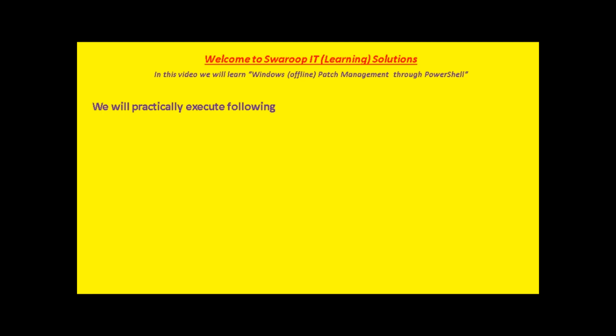So, we will practically execute the following steps in this part 1 video. First, we will try to learn the theoretical concepts as usual: introduction to offline patch management and the WSUS scn2.cab file.